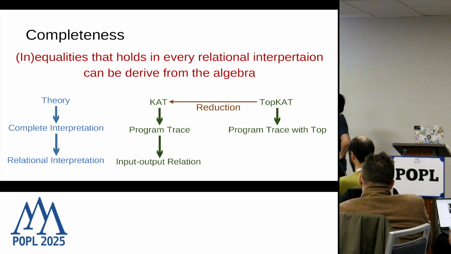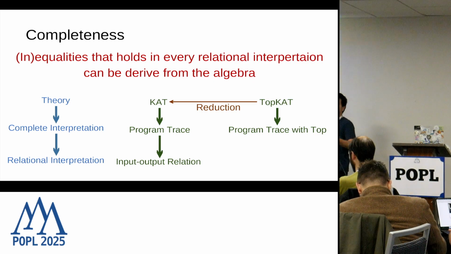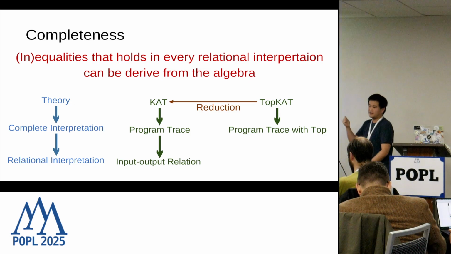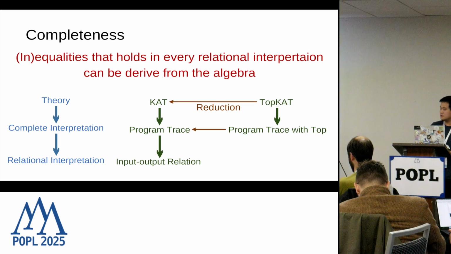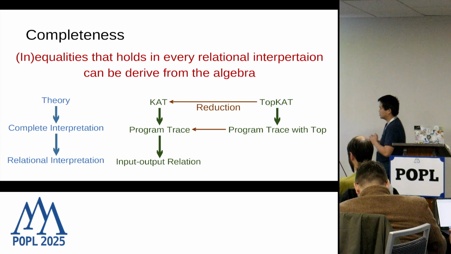The complete interpretation of TopKAT is program traces with top, which is the full element, and is sometimes called havoc. So it's the element with every single trace possible. This element can execute anything. And the completeness becomes a corollary of the reduction here.